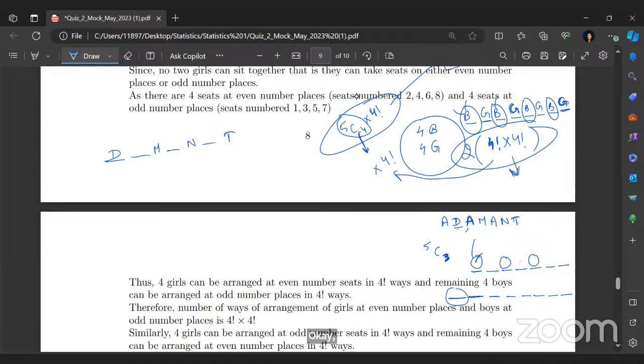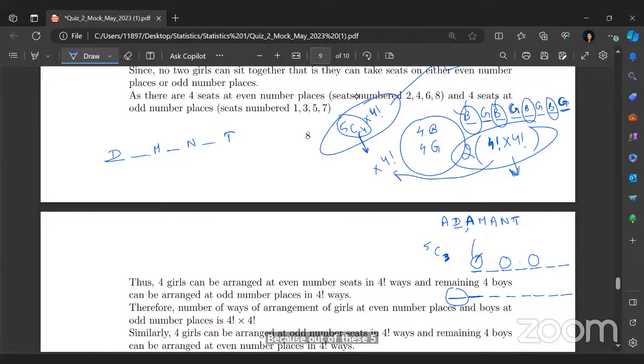This one. Yeah, so beside D, on the left hand side of D, there will be one space which we will consider. And on the right side of T, there will be another space that we are going to consider for A. Because out of these five spaces, A can be anywhere.